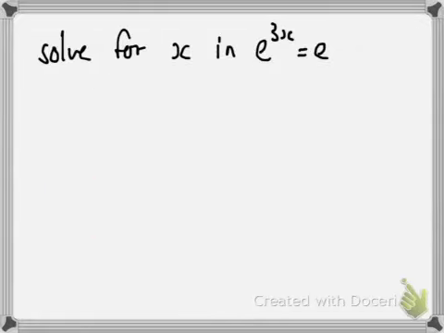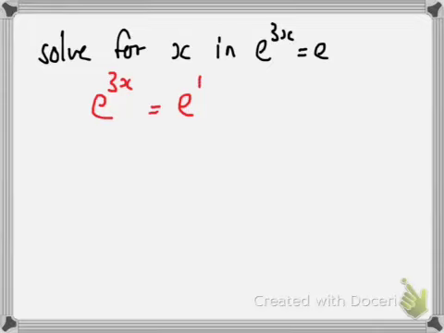Right, let's look at some equations here. Solve for x: e to the power of 3x equals e. First thing to realise here is that e by itself, as is anything by itself like that, is e to the power of 1.